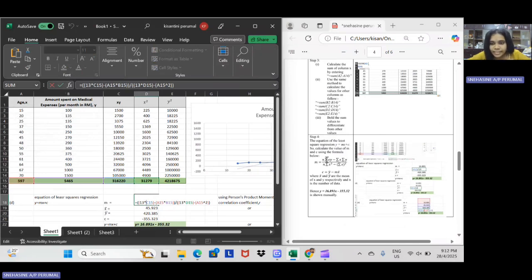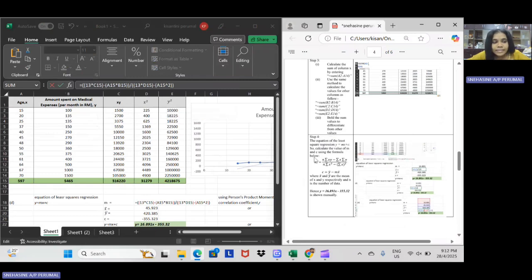And next is the sum of xy. The sum of xy, we have to pick from here. So it will be the x sum. The x sum is 316220.